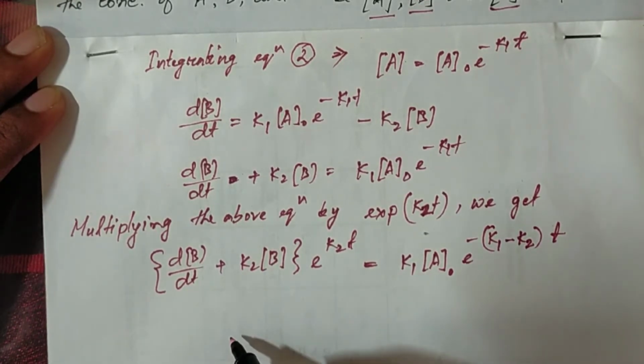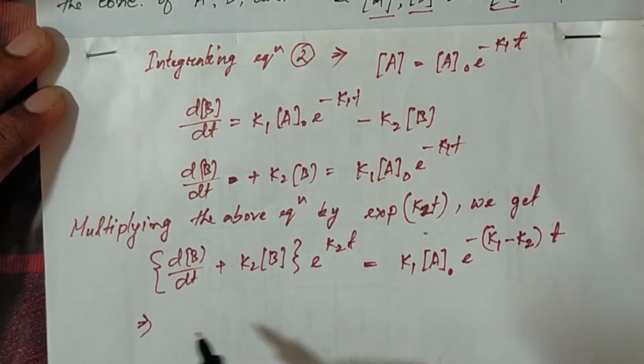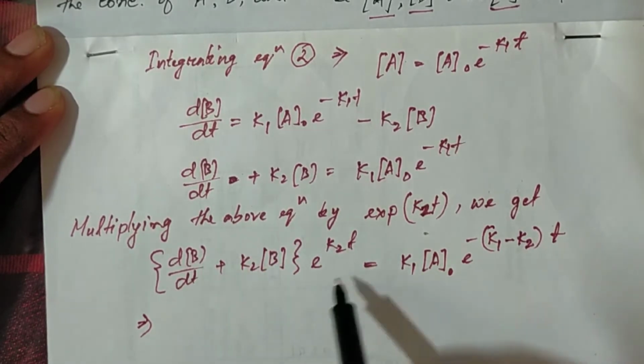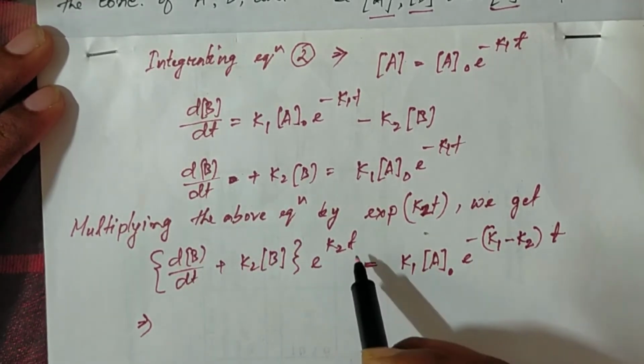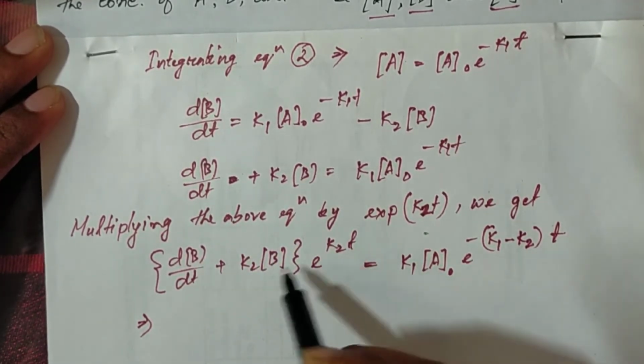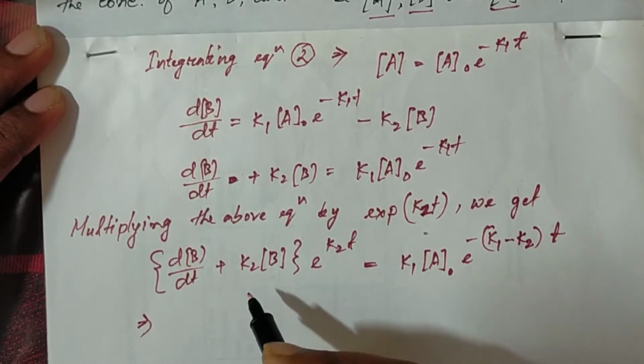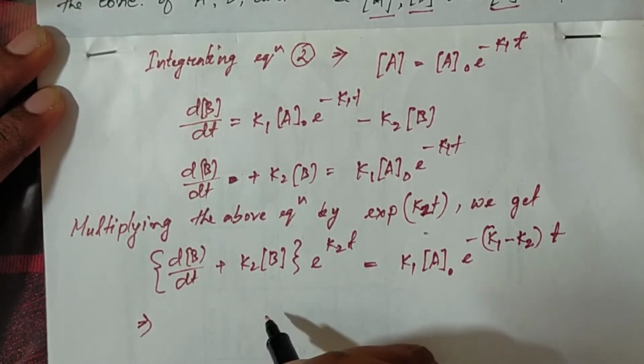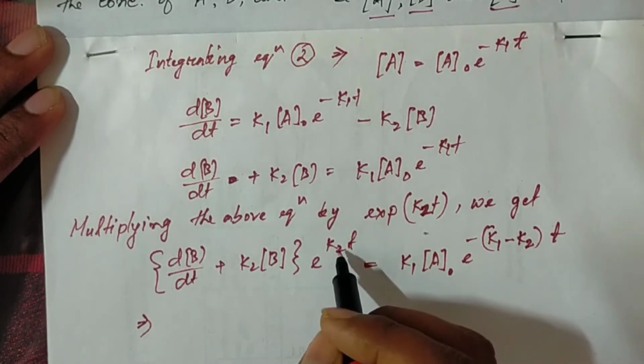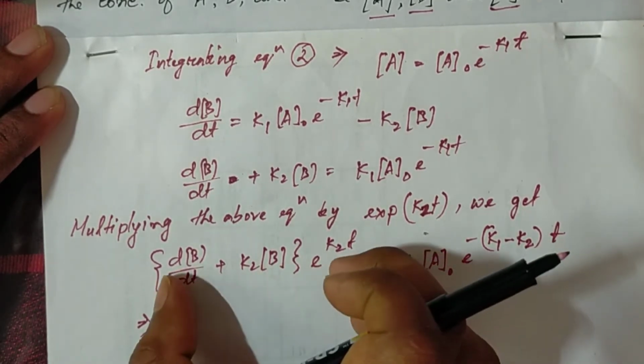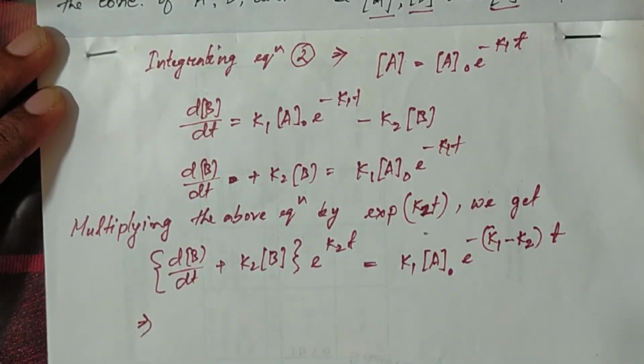Okay, next I can write, as you can see, this is like a differential equation. If you differentiate e to the power k2 t, it will give you this.